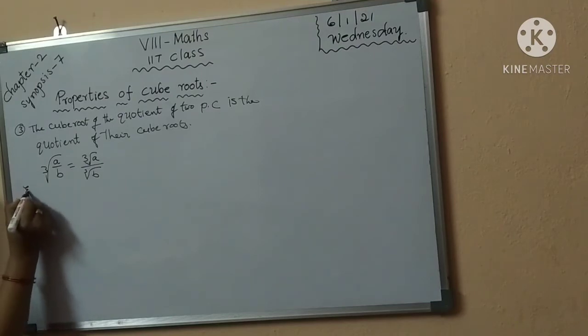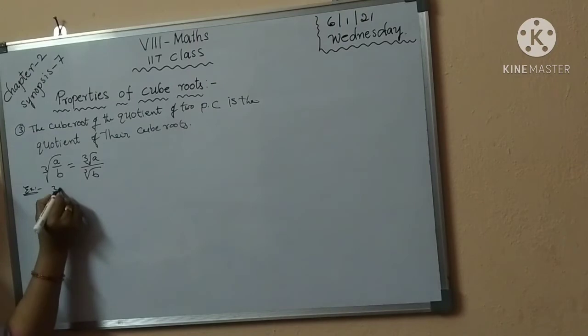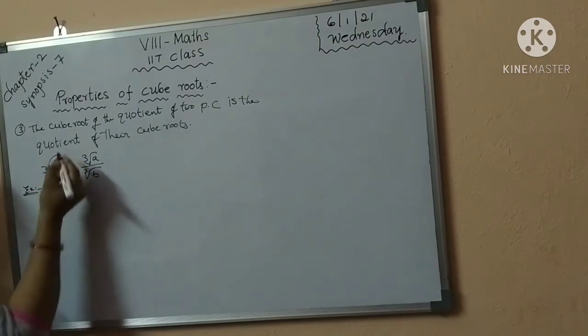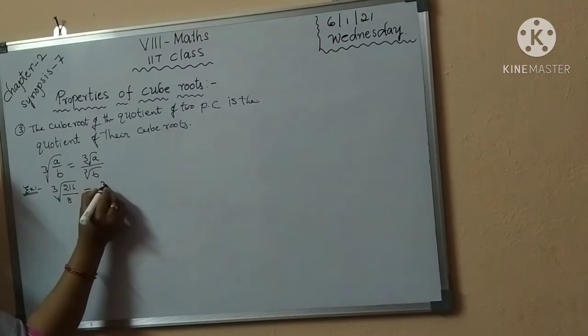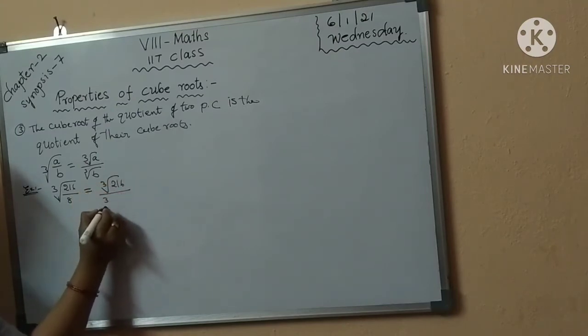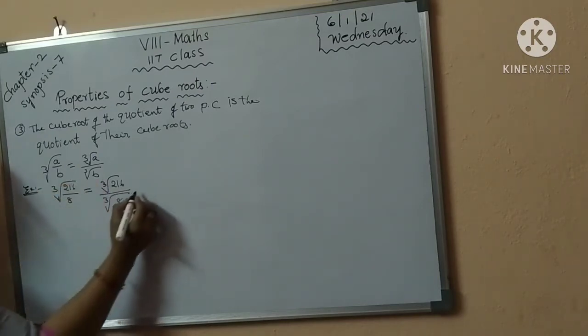For example, cube root of 216 by 8. Taking the same example as before, we write cube root of 216 by cube root of 8. Did you understand, children?